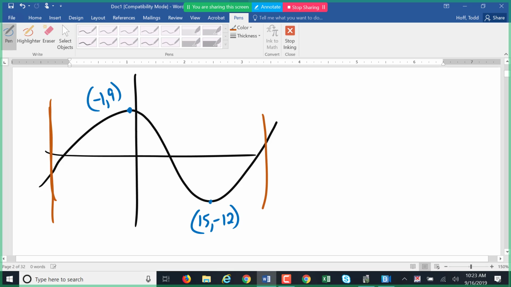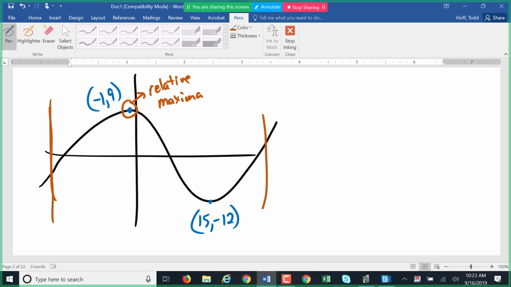Over that range in the brown, this is a relative or local maxima. It is the largest value of the range of that function over that section of the domain. This is a relative minima. It is the smallest value of the range of that function over that portion of the domain.